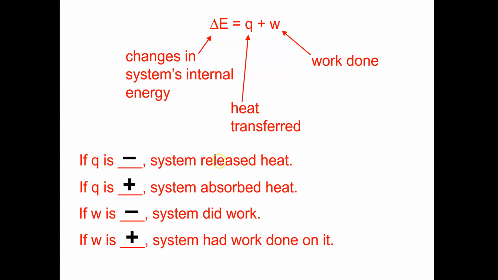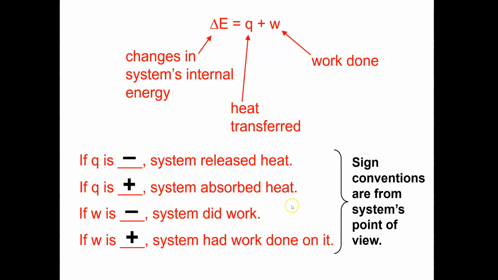If W is negative, the system did work. Negative means it's a negative value. If W is positive, work was done on the system. So if we have a box and we're pushing on it, that's going to be a positive amount. These conventions are from the system's point of view, so we're always looking at it from a chemical reaction, or from that specific point.